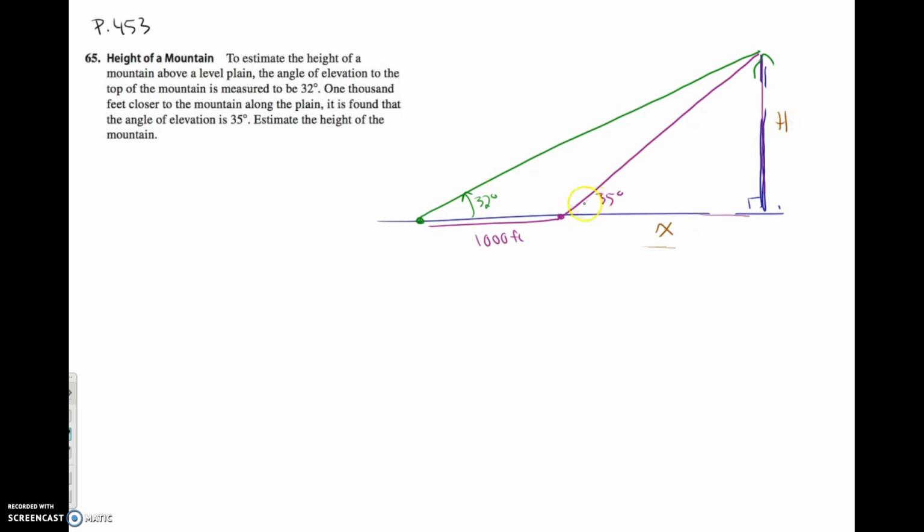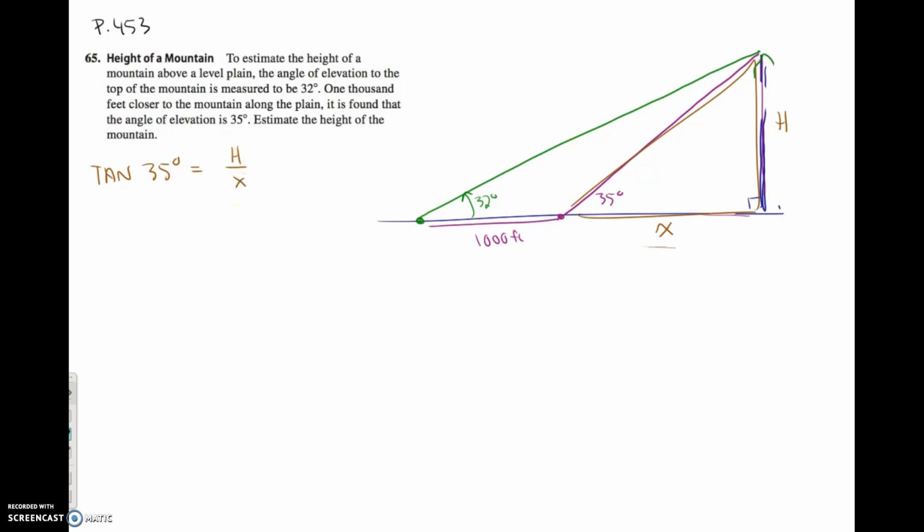For this triangle here, I have a trig angle related to two sides that I want. This is the opposite side. This is the adjacent, opposite and adjacent. So that equation is the tangent of 35 degrees equals h over x.